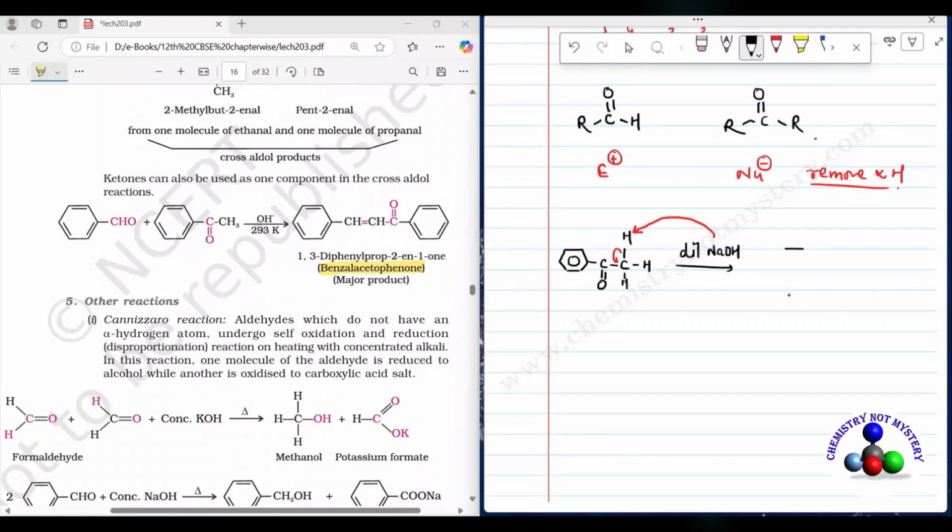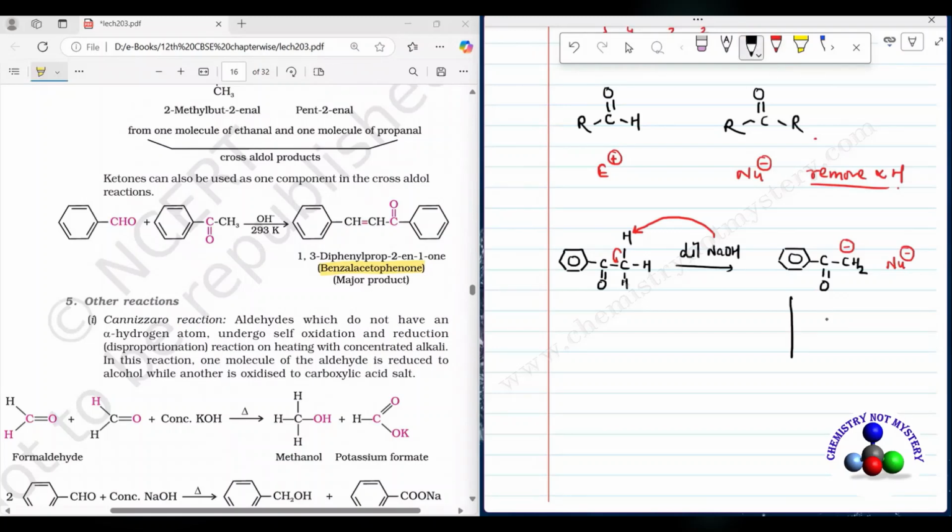So here you will get your nucleophile. This is phenyl group. It is bonded to carbonyl carbon, and here you will get CH2, and this carbon carries negative charge. So now this molecule will act as a nucleophile.